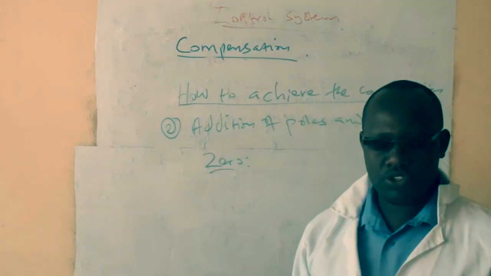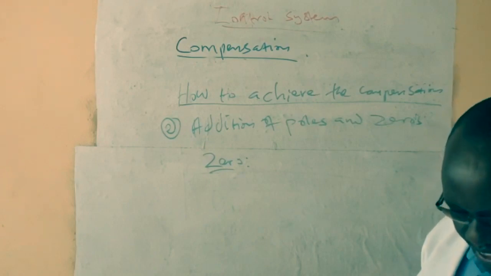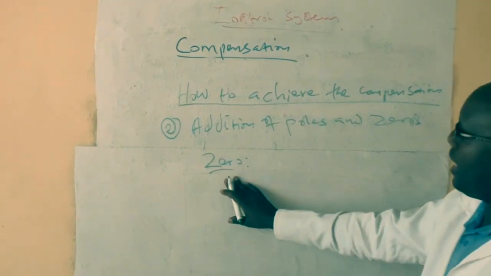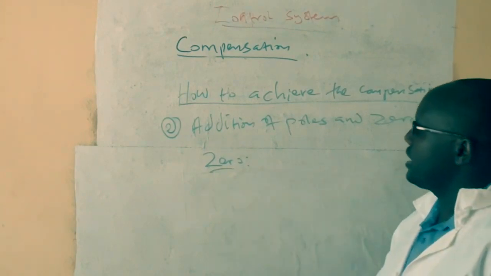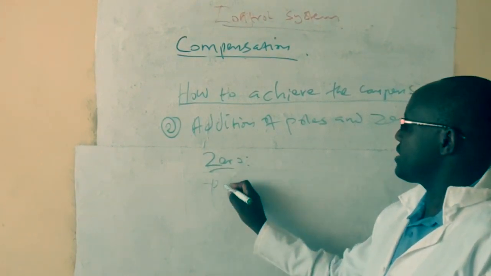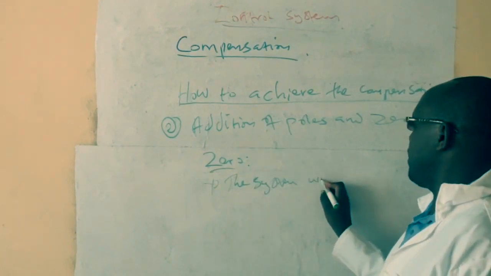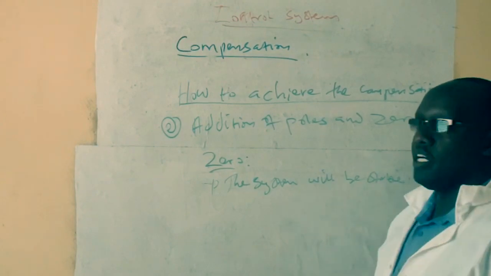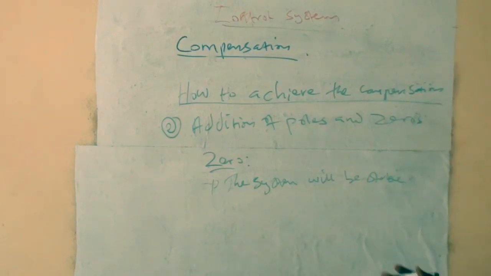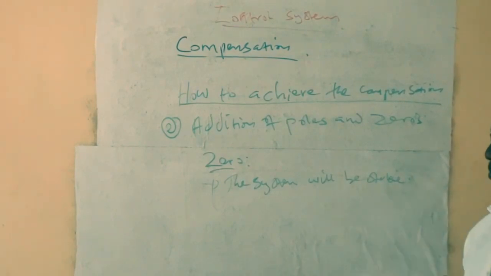When we introduce zeros to the system, the system will be stable. That is the positive effect of using that. So when you introduce zeros, the system becomes stable.